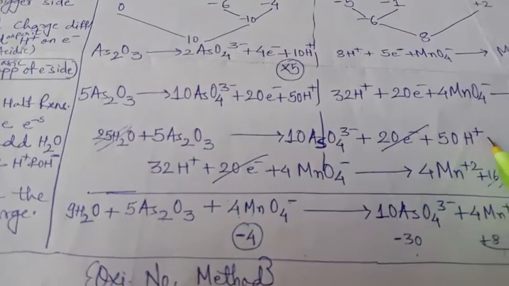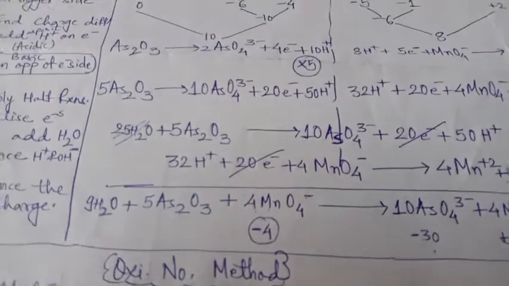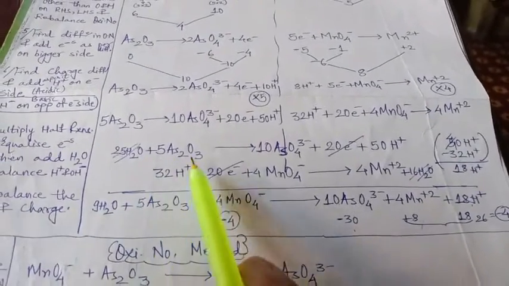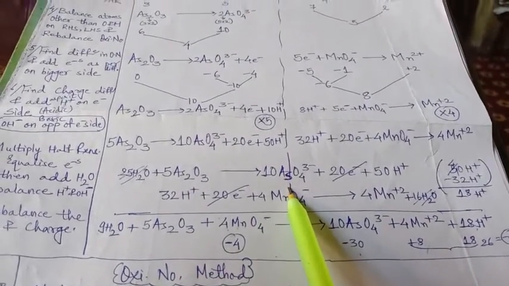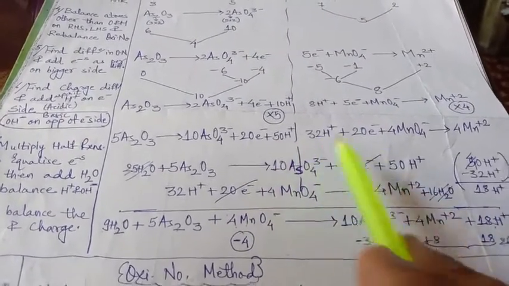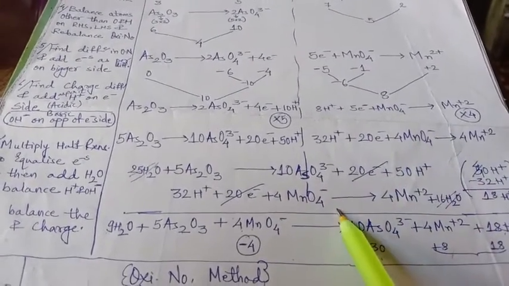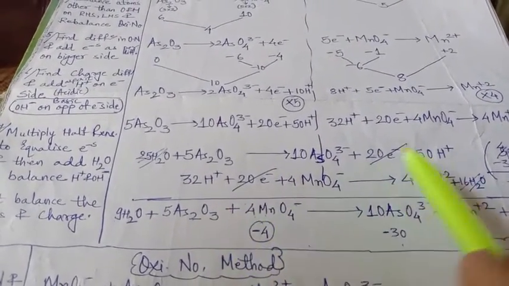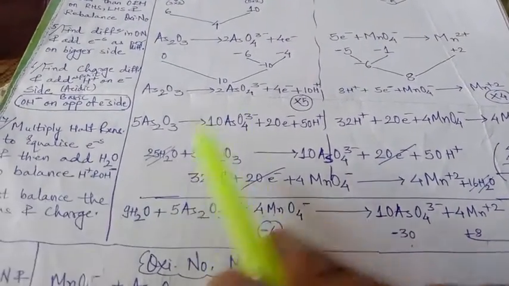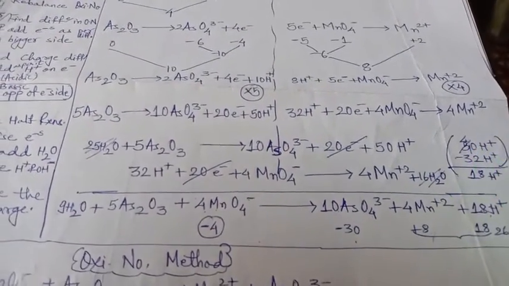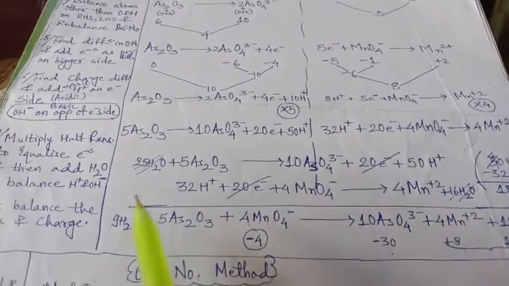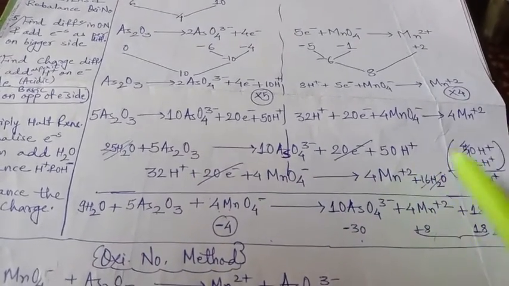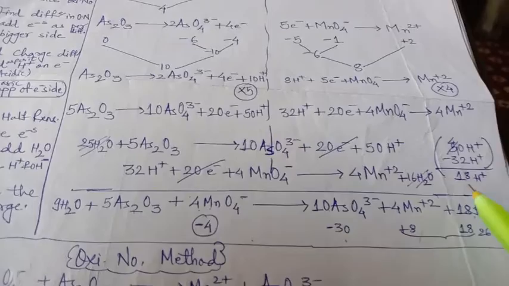Now writing both these reactions, what we will get? 25H2O plus 5As2O3, 10AsO4 minus, 20 electron plus 50H plus, and this reduction reaction, 20 electron here, 20 electron, both will be cancelled, balanced. 25H2O and 16H2O, so 25 minus 16, what I will get over here? 9H2O, and for H plus, 50H plus, 32H plus, so 18H plus.